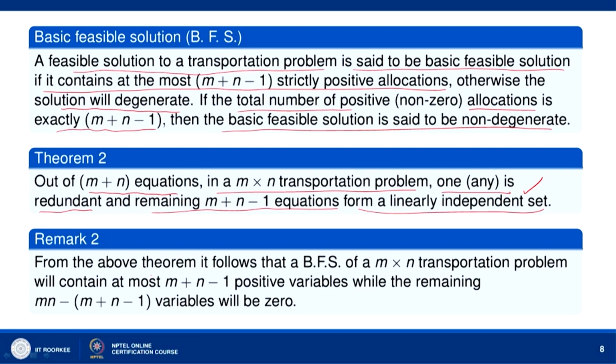Now, from this above theorem, it follows that a basic feasible solution of an m by n transportation problem will contain at most m plus n minus 1 positive variables, while the remaining mn minus m plus n minus 1 variables will be 0.